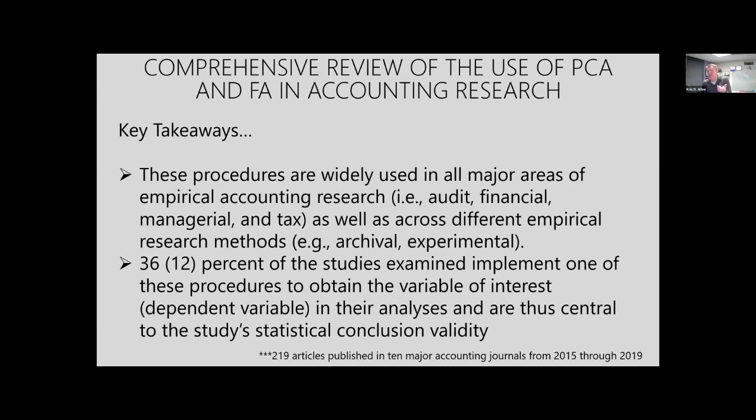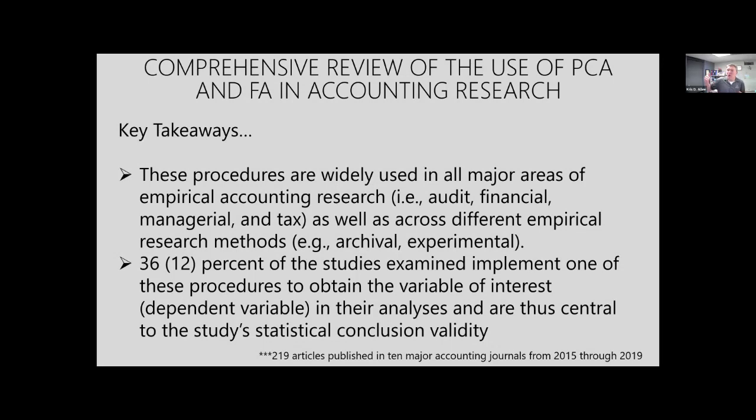The factor analysis or the PCA is the dependent variable, arguably the most important variable in a regression, right? And so clearly, if over 10% of our studies have the dependent variable using exploratory factor analysis or PCA, then this is probably something we should know how to do, right?